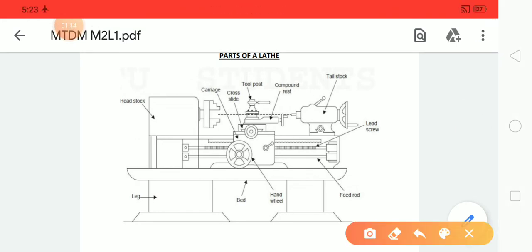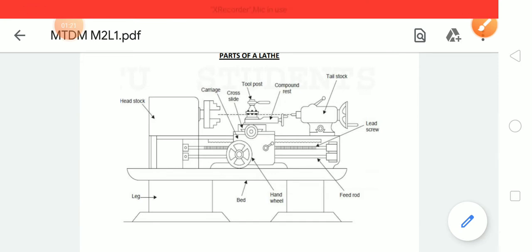Now, you can see some lines over here. That is also called the guideways. Guideways are either V in shape, or square in shape. There is another shape called dovetail shape. There are three basic shapes of guideways.